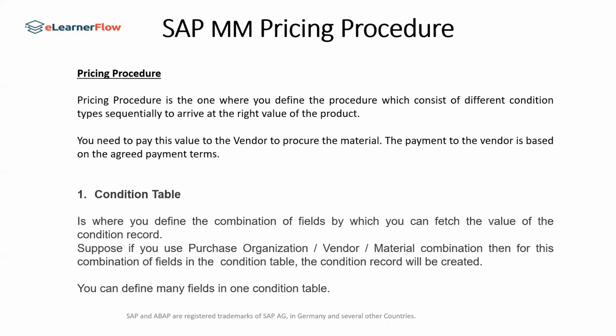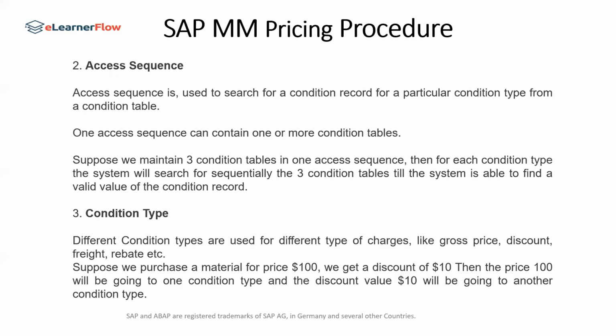So you can create your own tables in SAP. SAP has configured up to table number 1 to 500, and you can configure the condition tables from 501 to 999.